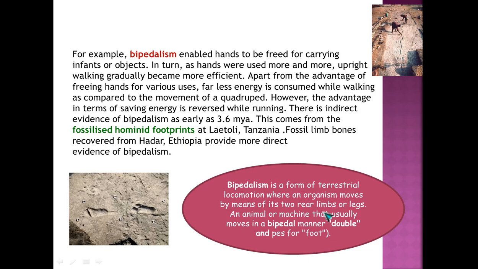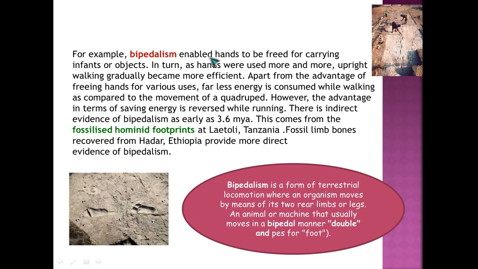The forelimbs are the ones that you have in the front. An animal or machine that usually moves in a bipedal manner: bi means double and pes means foot. So double foot is the English translation for bipedalism or bipedal movement.